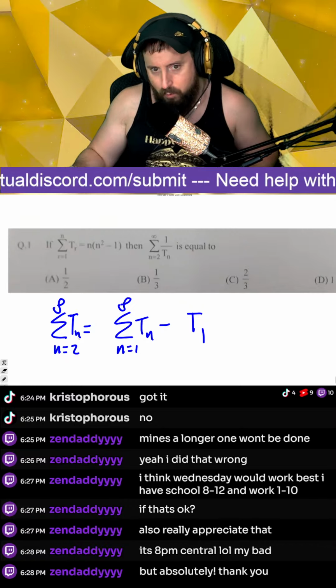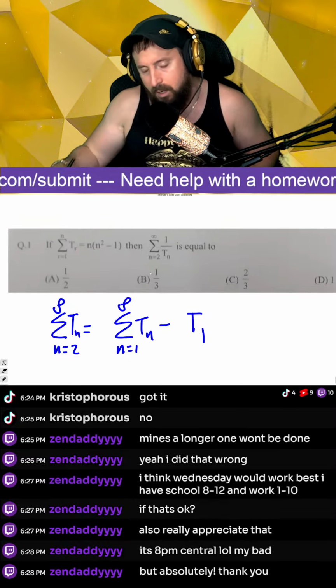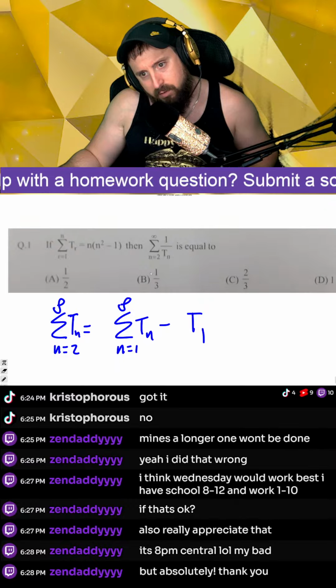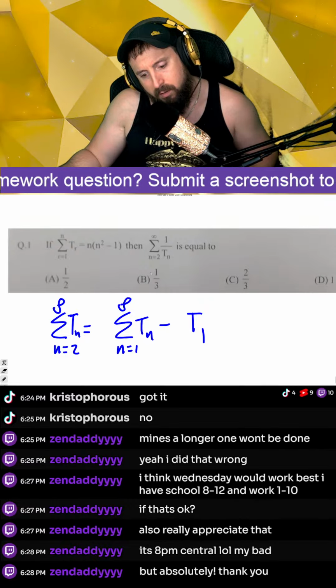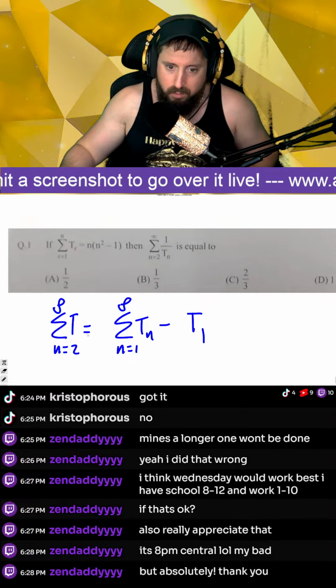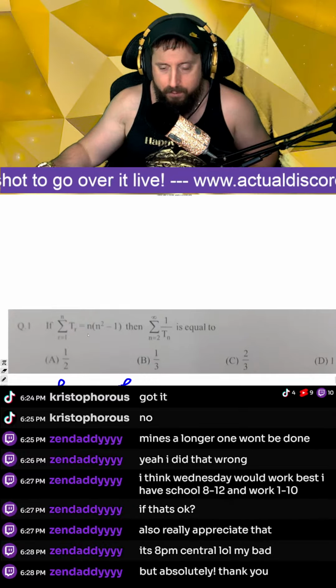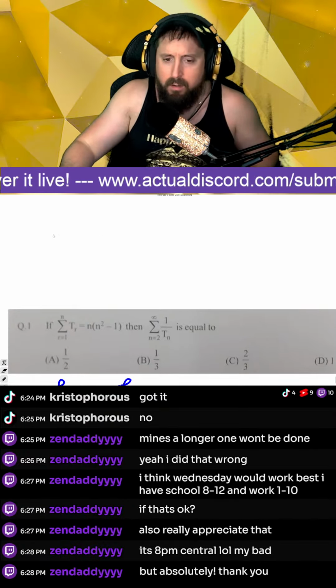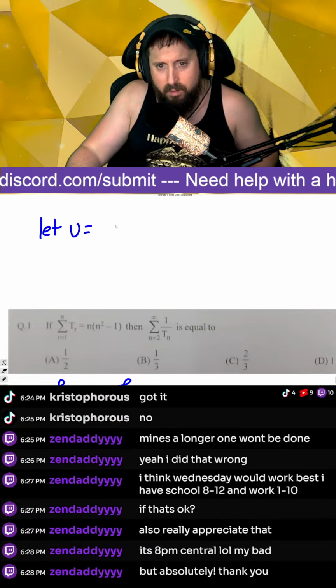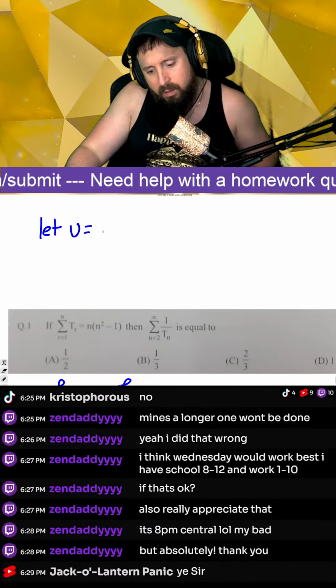Do we agree with this? Right, if you want to re-index up, or I guess I could do a substitution thing. I'm gonna keep this for now. I think that might work. Okay. I think let U equal.